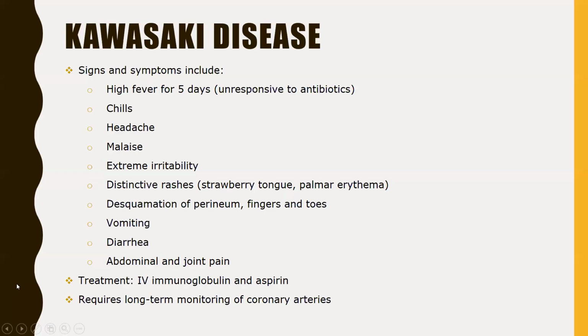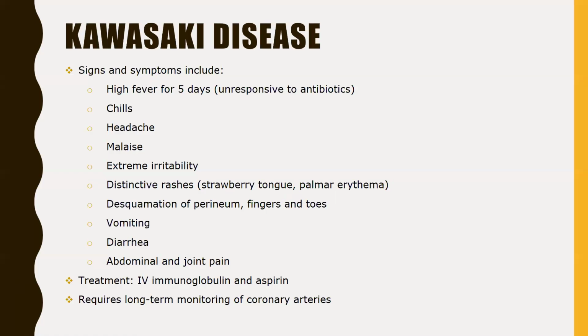Kawasaki disease. So Kawasaki disease is an acute systemic vasculitis that occurs in children between 6 months to 5 years of age, usually.